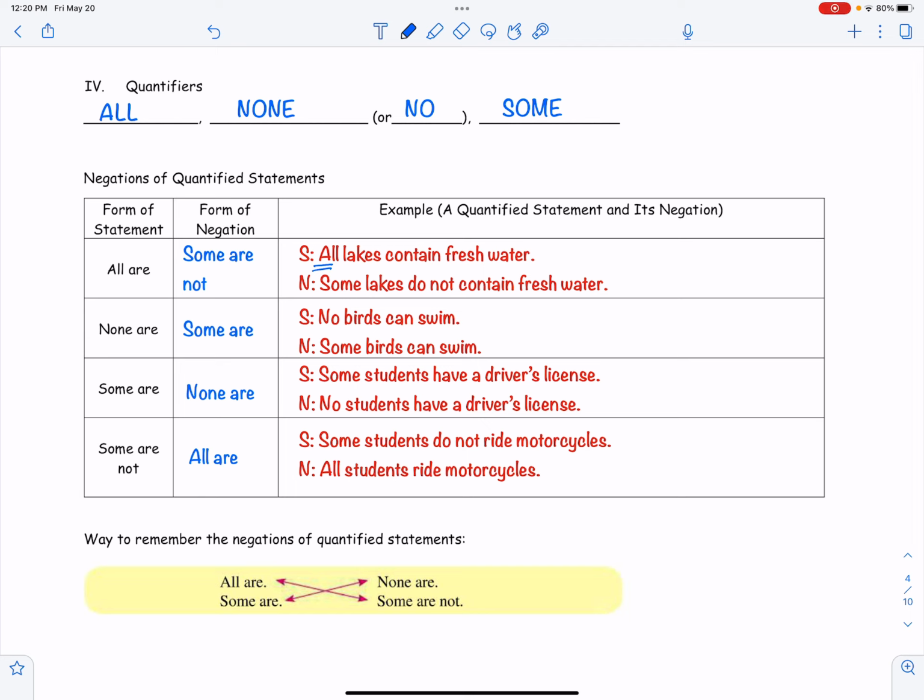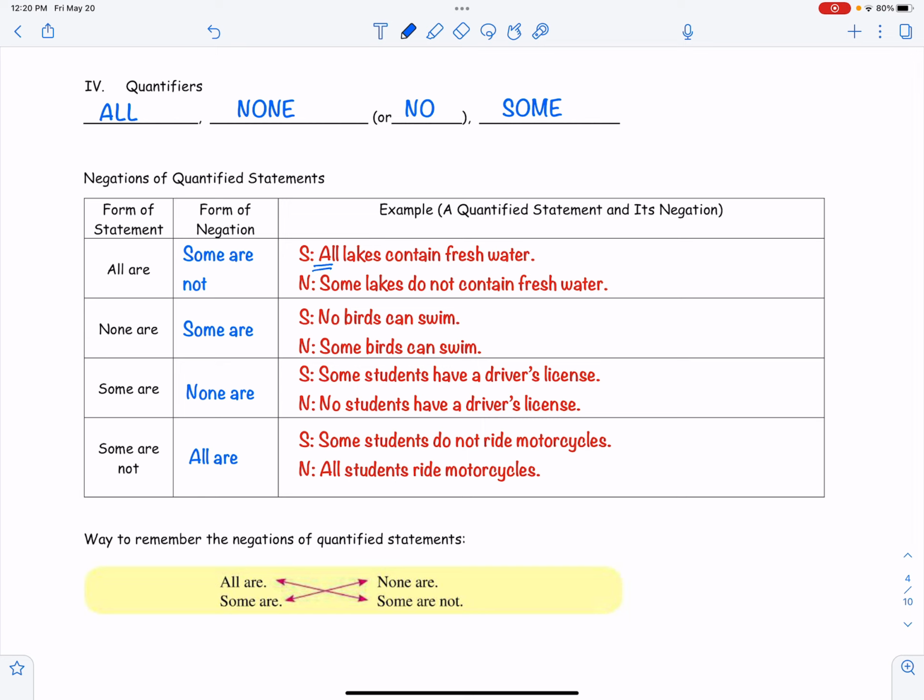Well, notice if I do that, then there's this in-between, this kind of gray area. When you go from all to none, you're forgetting one lake or two lakes. That's why the correct negation for all is not none, it's that some are not.